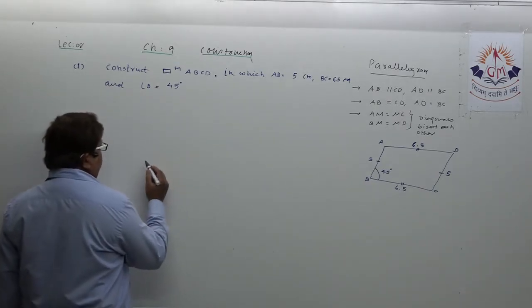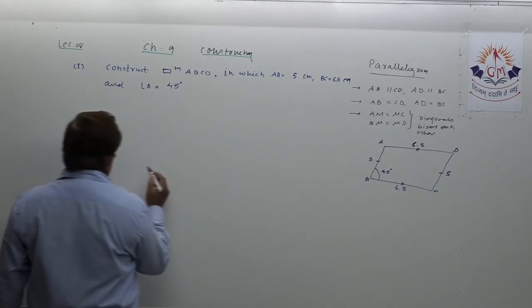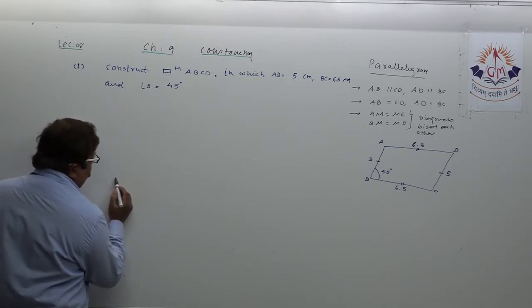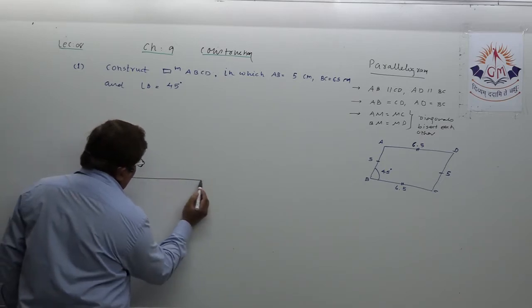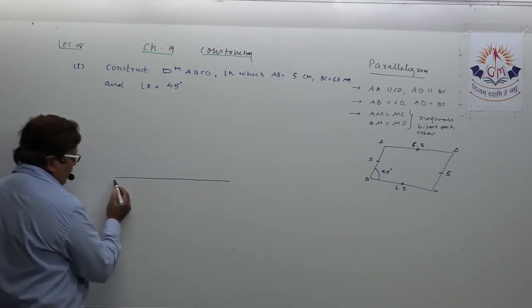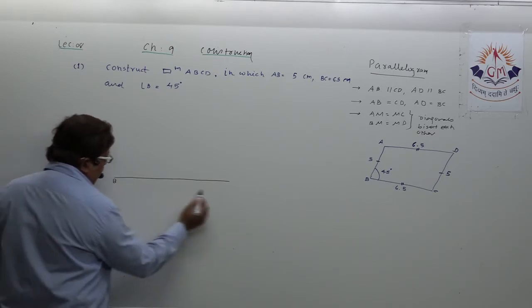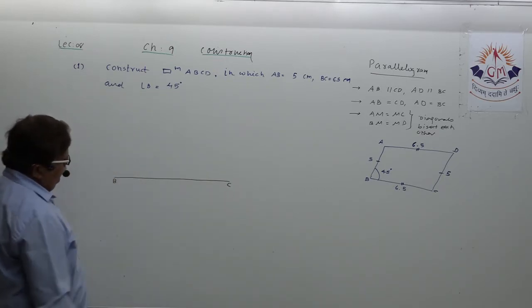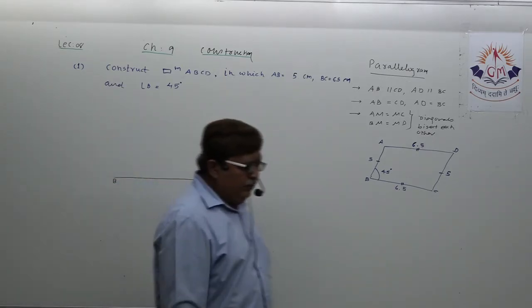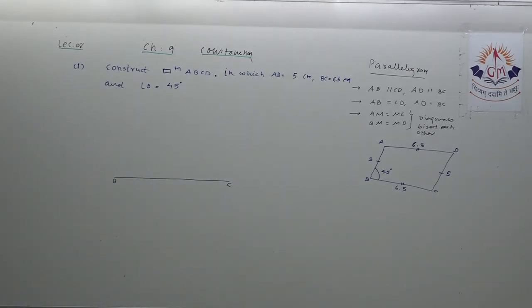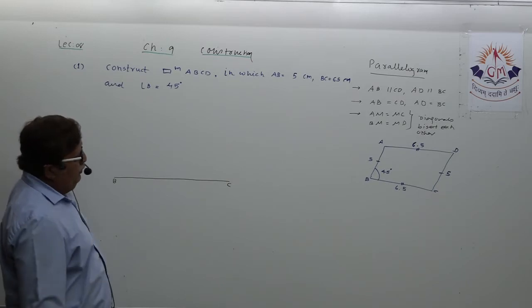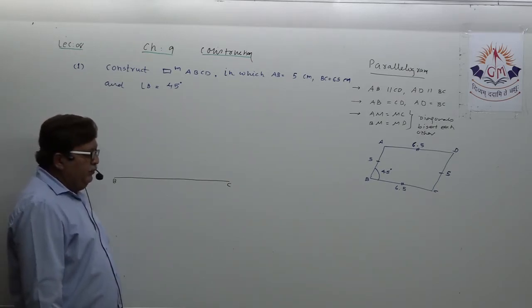Construct BC of 5 centimeter. Sorry, 6.5 centimeter. Okay, I have drawn BC of 6.5 centimeter. Understood? First you just accomplish it. First you have to draw BC of 6.5 centimeter.